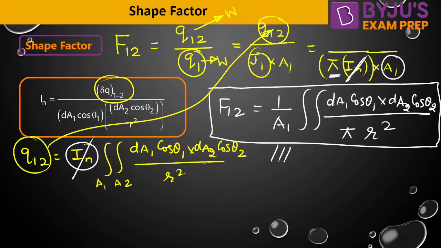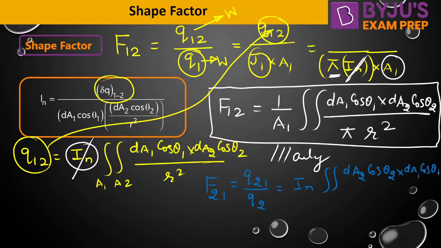And similarly, if we want to write F2 to 1, I hope you are understanding it. Then it will be Q2 to 1 upon Q2. So Q2 to 1 is intensity, then integration of dA2 cos theta 2 into dA1 cos theta 1 upon R square, and divide by pi times of In into A2.